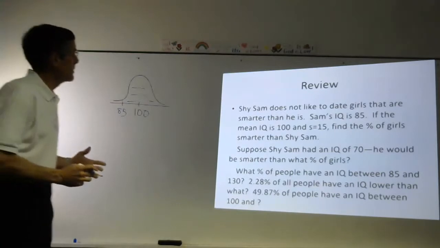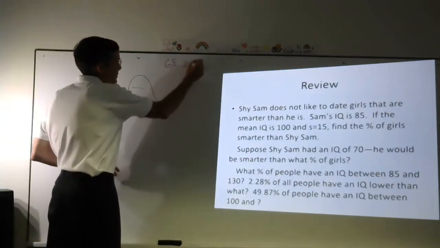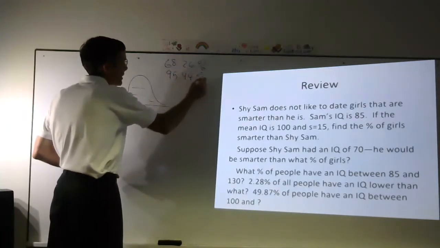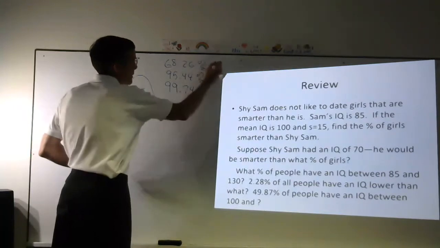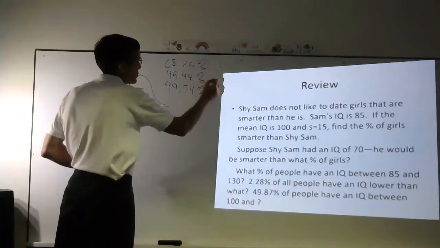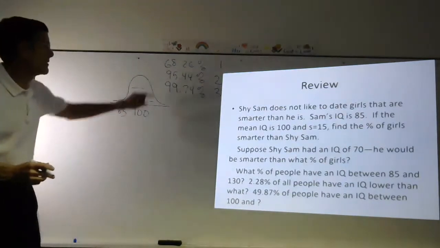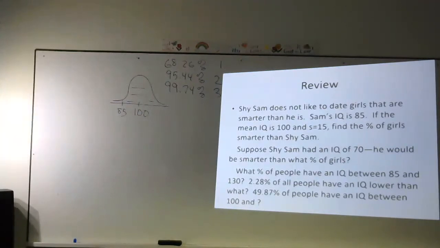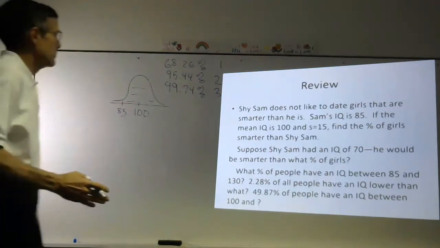Now, if you remember the empirical rule, 68.26%, 95.44%, 99.74%. This is 1 standard deviation, 2 standard deviations, 3 standard deviations. That's the percentage of data found within 1 standard deviation on either side, 2 on either side, 3 on either side, okay?